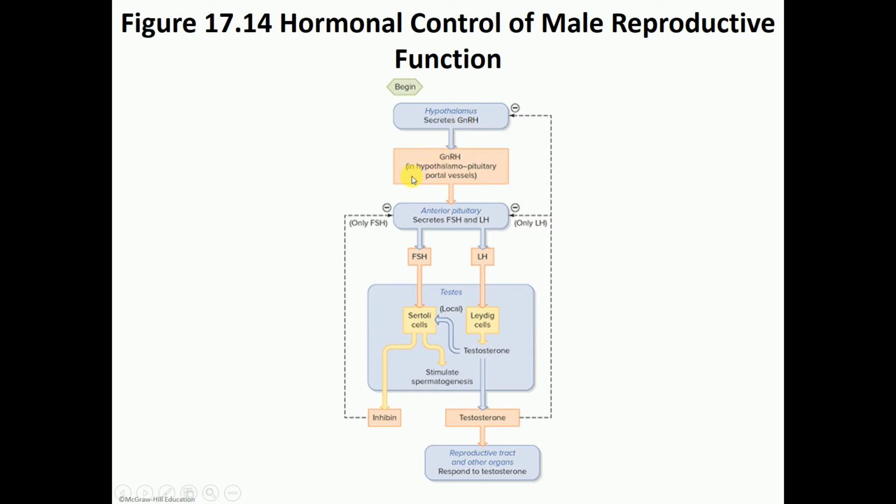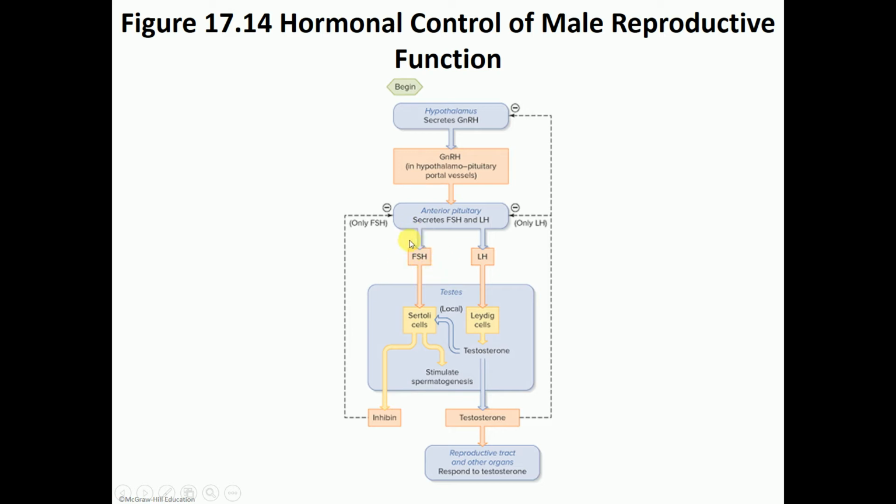That hormone will reach the anterior pituitary through the hypothalamo-pituitary portal vessels, which will stimulate the anterior pituitary to secrete FSH, or follicle-stimulating hormone, and luteinizing hormone. Again, these are the exact same hormones that are found in females. Some textbooks have them under different names, but they are the exact same hormone.